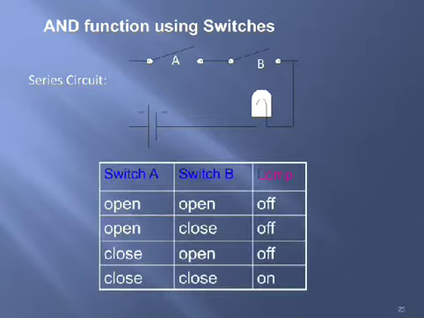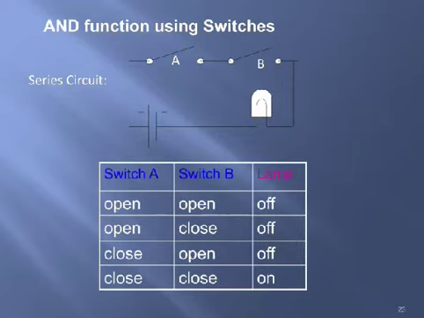We will see the combinations. Switch A is open and switch B is open, the lamp will be off. Second combination, switch A is open and switch B is closed, in that case also the lamp will be off. And switch A is closed, switch B is open, in that case also the lamp will be off. And the last combination, both the switches are closed, the lamp will be on.